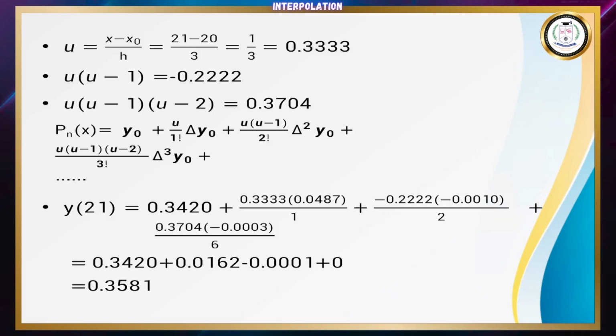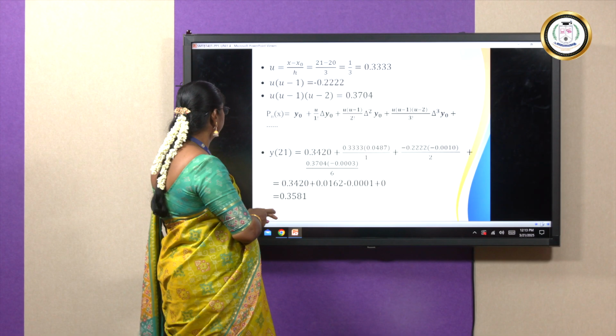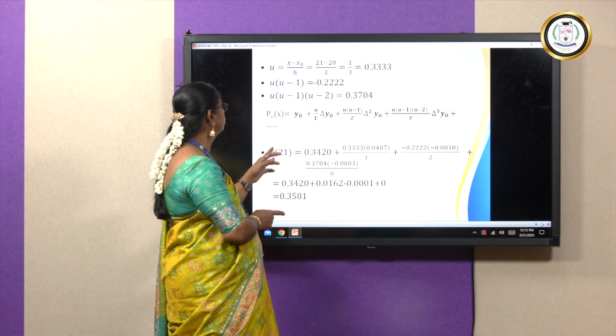So Pn of x is equal to, the formula is written here, y naught plus u by 1 factorial delta y naught plus u into u minus 1 by 2 factorial delta square y naught plus so on. Then x is equal to 21.